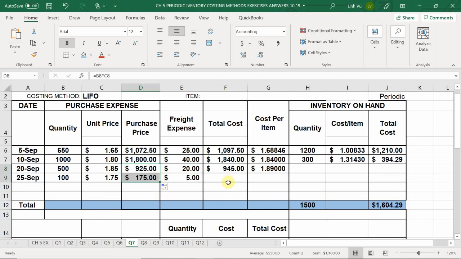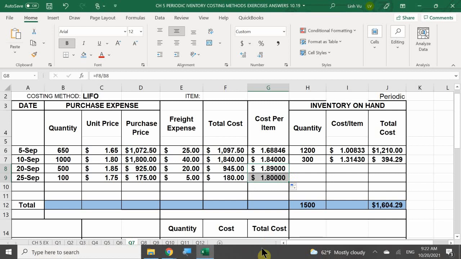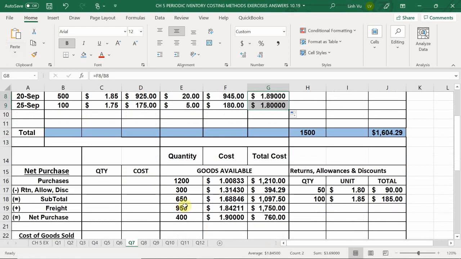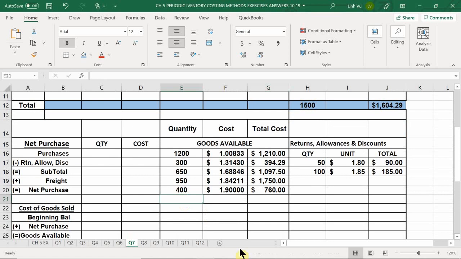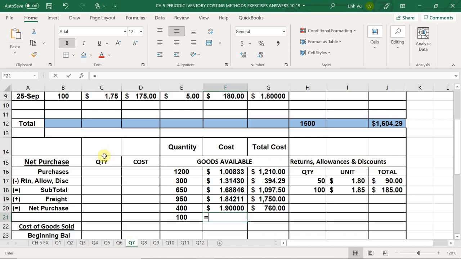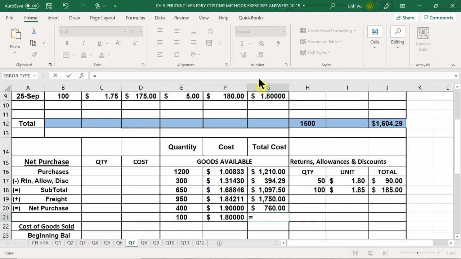Good, $175 plus $5 gives me $180, which brings my cost per item to be $1.80. And because I know this is the last batch, plus I was already given that I know what happened at the end, I'm going to transfer this amount into my inventory on my goods available.